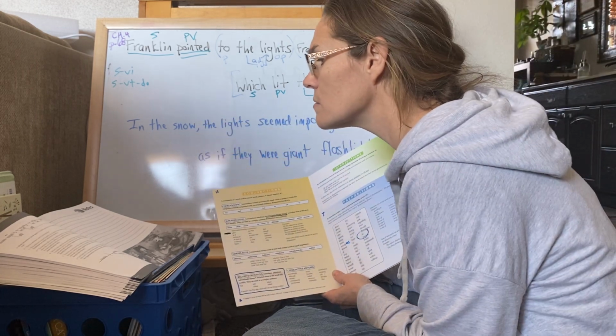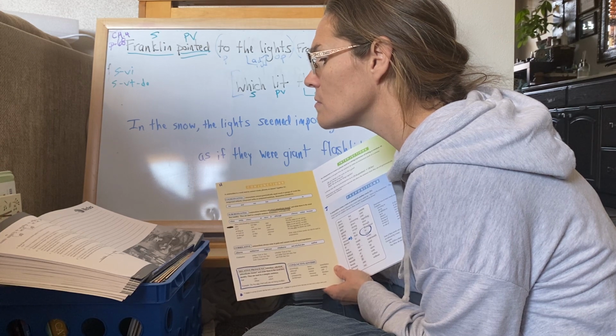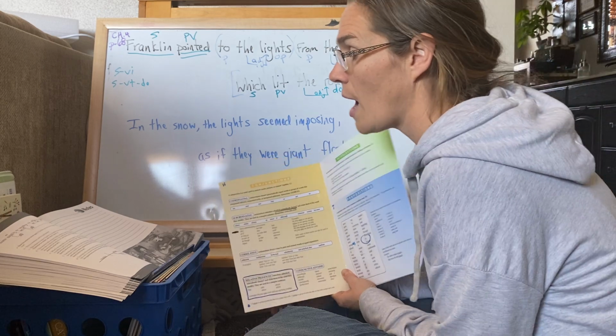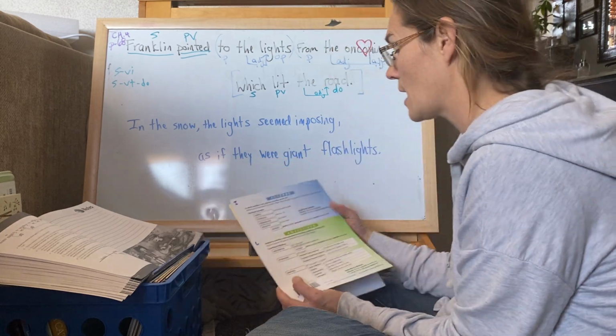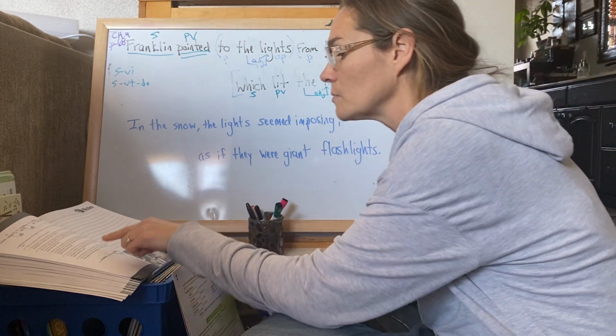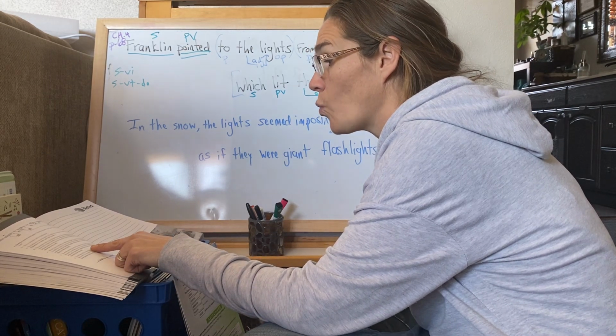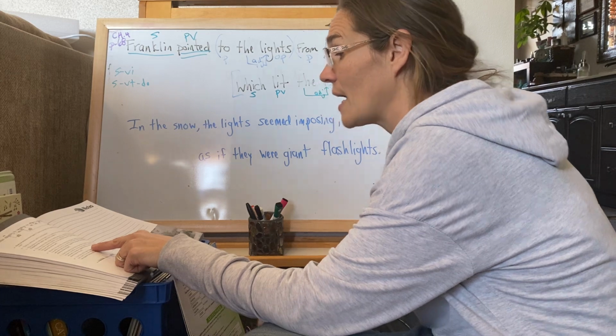Well, it's a clause, so it makes it a complex sentence, okay? Because we added a clause. Which lit the road tells us what kind of lights.